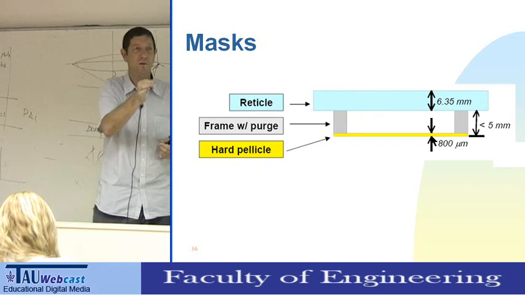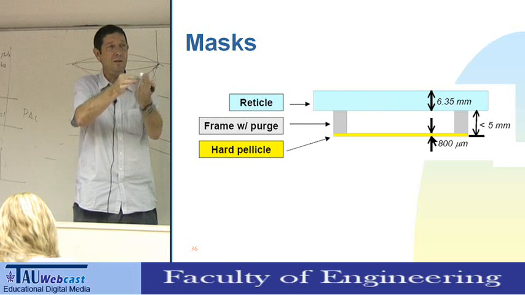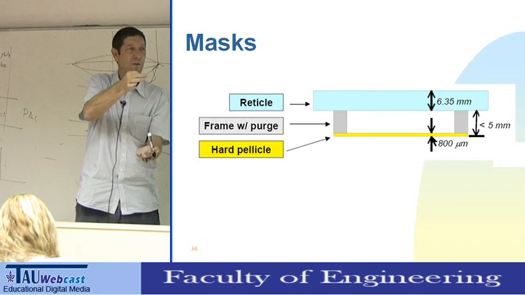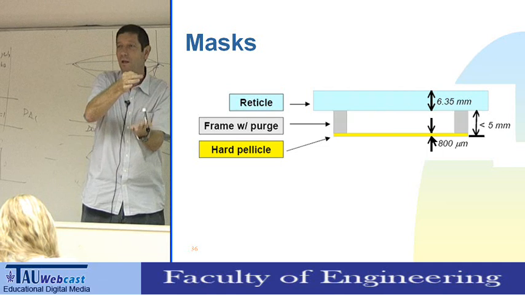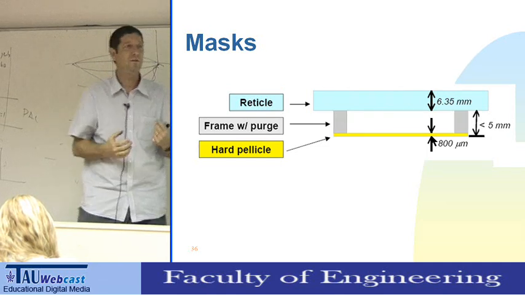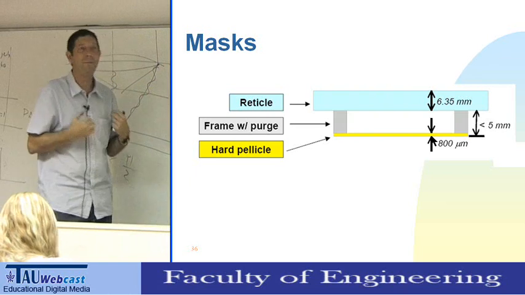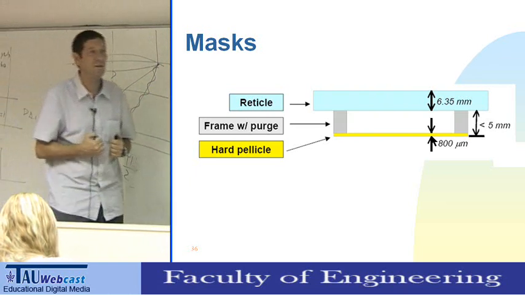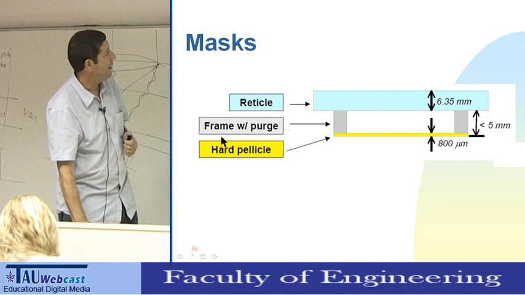If the particle is small enough, the image of the particle is not on the wafer, it's somewhere else. So this makes the masks much, much less sensitive to defects. So this is called a pellicle.